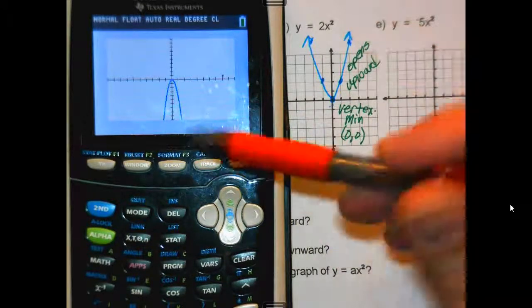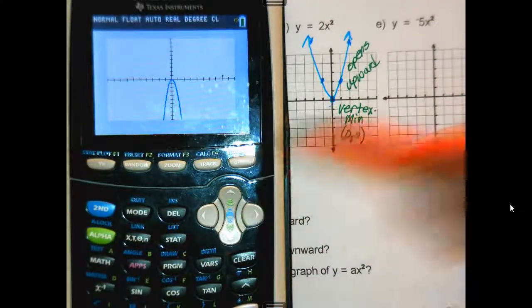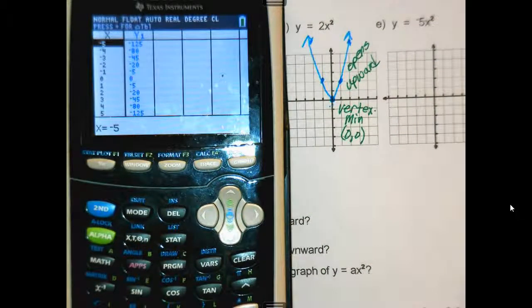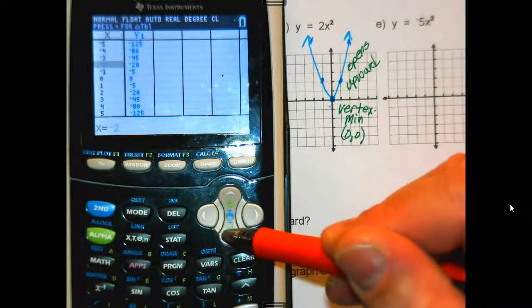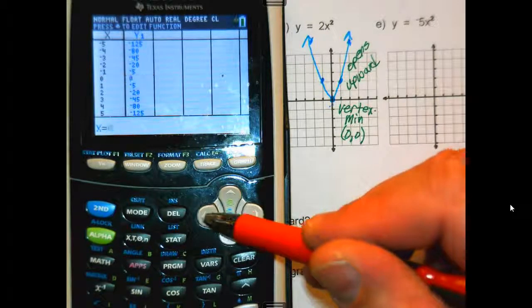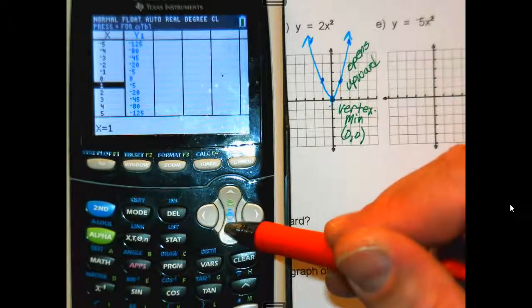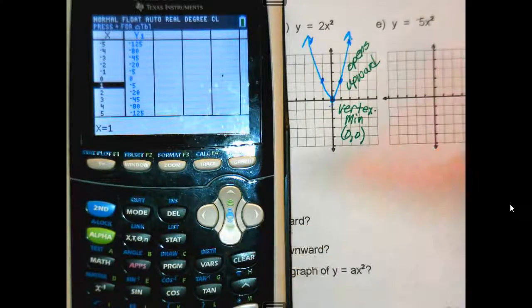I need to plot some good points. Second graph. Find your vertex. There it is, 0, 0. All right, some numbers. 1, comma, negative 5.